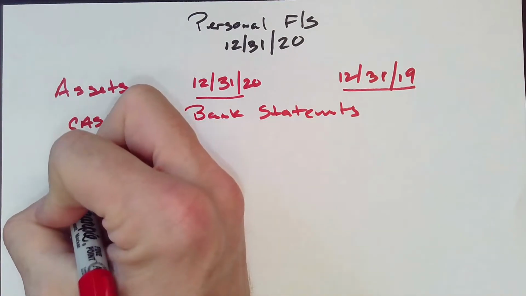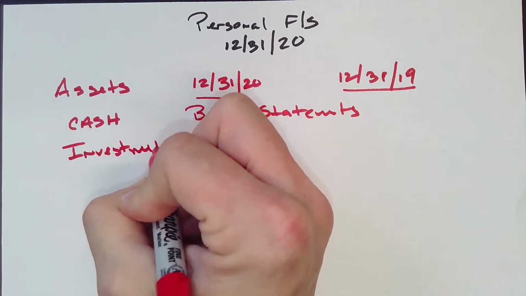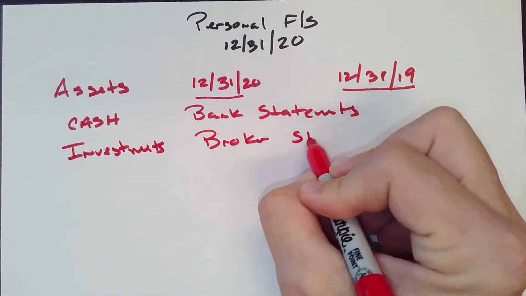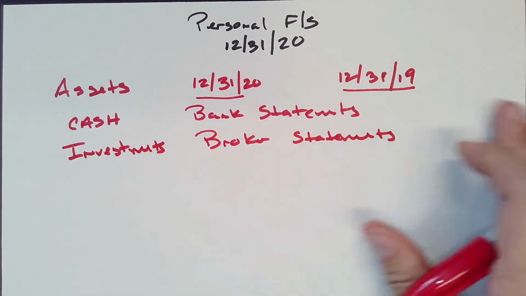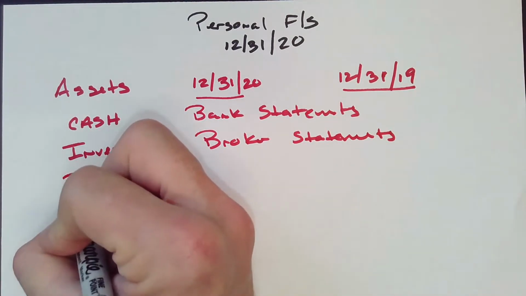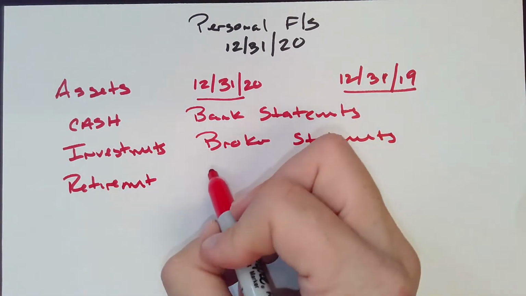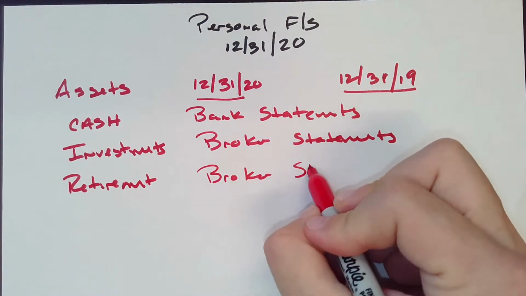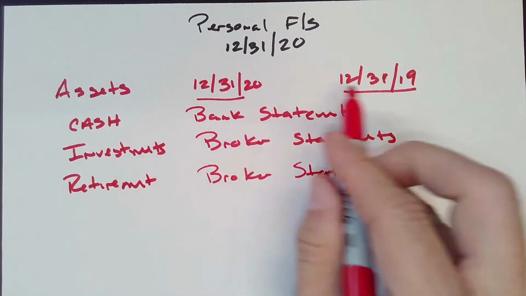If I have any investments, I might go to my broker statements for each of these days and figure out what my balance is. If I had any retirement savings, again, probably go to my broker statement or Fidelity statements, whatever, wherever your retirement is, and pull those numbers down.